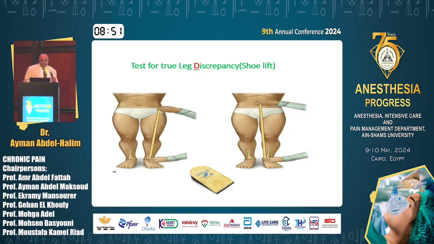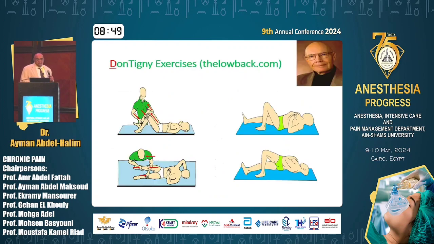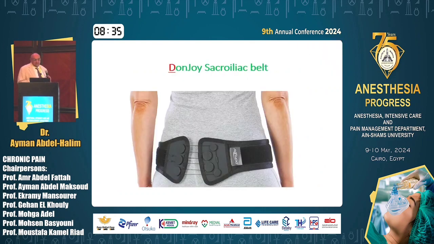Don Tigny actually fixed my back personally, but he passed away a few years back. There's a website, please look it up, thelowback.com. The Don Joy sacroiliac belt is a little different than the usual abdominal belts you see in the market. It has a couple of knobs that fit nicely into your sacroiliac joint.